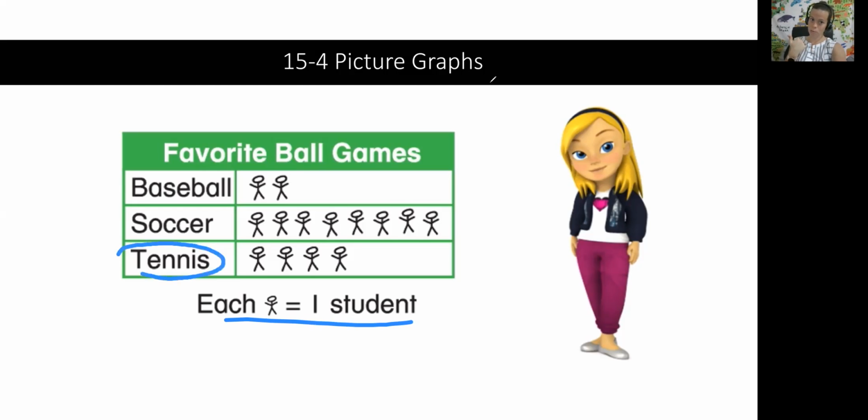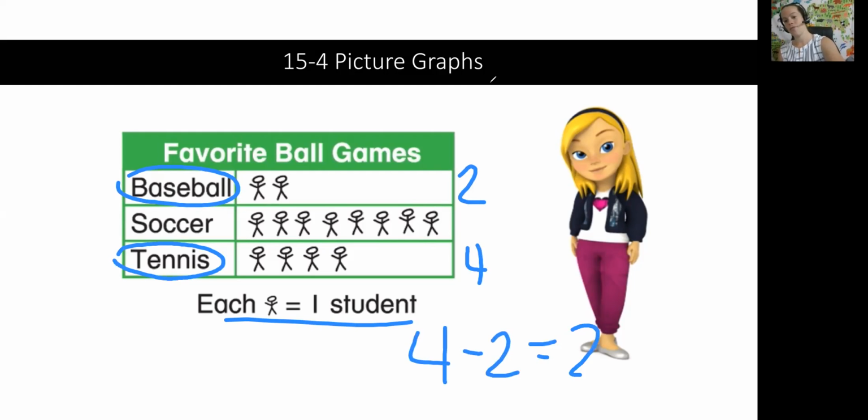So more people chose tennis, but how many more? We used to be so used to doing this, and you subtract to get the difference, but because it's in a graph, you could also draw a line and circle the extra, 2 extra, 2 more.